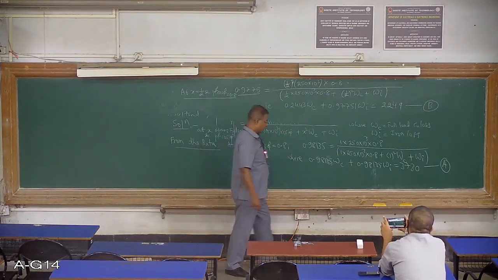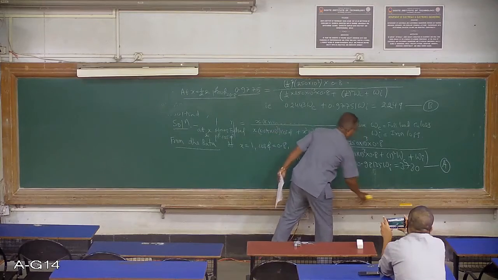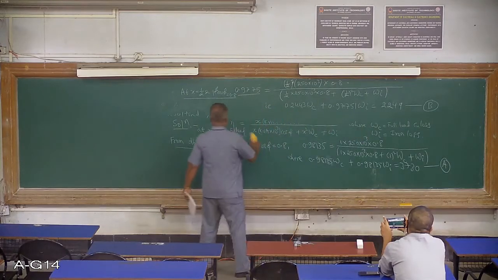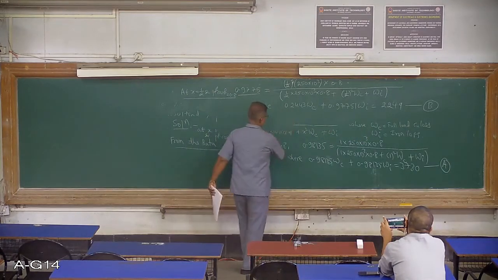Now, using A and B, solving for WC and WI.